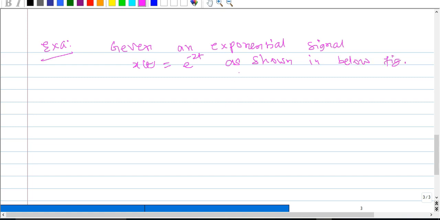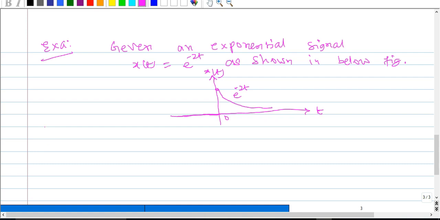The given signal is zero before t equal to 0, and it varies as e to the power minus 2t after t equal to 0. So this is our x of t.